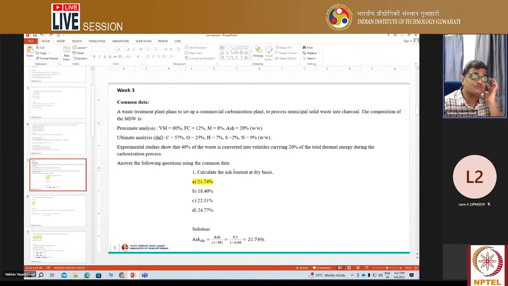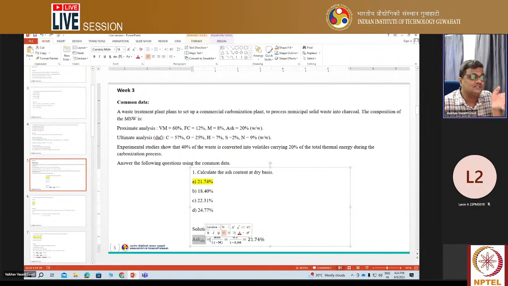And if you remember this simple formula, ash on dry basis is ash by 1 minus m. Clear? So now with the help of this, you can simply replace the moisture content here. Ash content is given as 20%, that is 0.2. So it comes out to be around 21.74 ash on dry basis. That was the answer for this question.